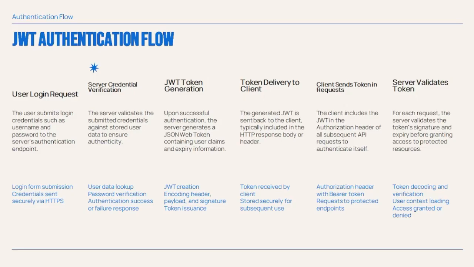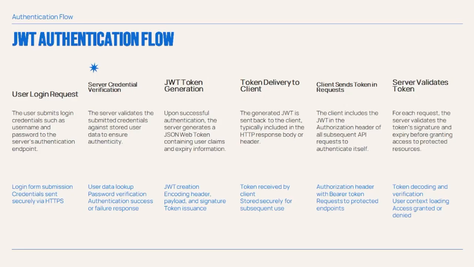Then, if the user is valid, meaning the credentials he has sent are valid, then upon validation of the user authentication, a JWT token will be generated and sent back. Typically you will be passing this token in your header as a bearer token, and you will be calling the actual resource you want to access.